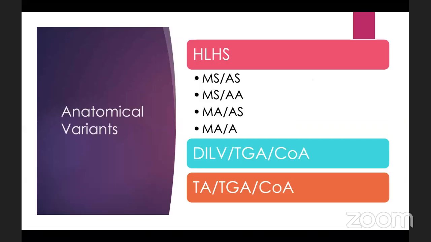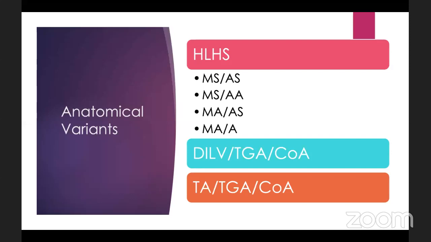The anatomical variants for hypoplastic left heart syndrome can be a combination of mitral stenosis, aortic stenosis, with a small ventricle and aortic hypoplasia. It could be mitral stenosis and aortic atresia. This was thought to be historically a higher risk category because of the development of myocardial sinusoids.